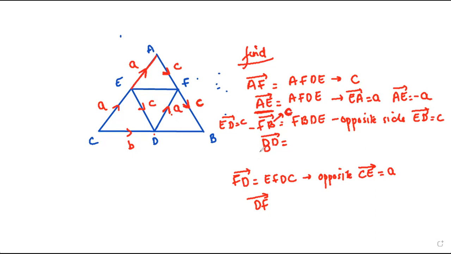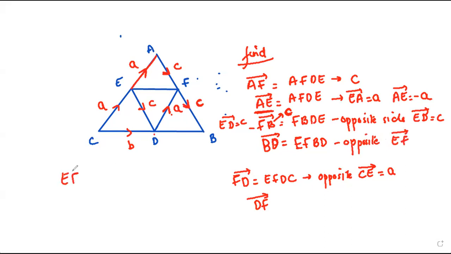Last is B to D. B to D is a part of which parallelogram? F, B, D, E. Everyone just pay attention to what I'm explaining. For D to B, we have to find E to F, the opposite side. Unfortunately, we don't have E to F either.